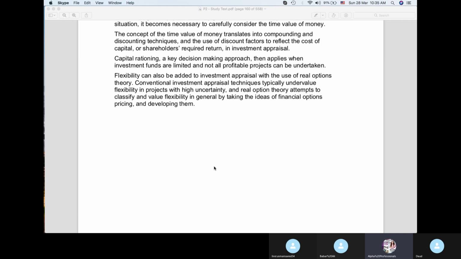So flexibility can also be added to investment appraisal with the use of real option theory. Real option theory tells certain things which are beyond the numbers, taking into account certain intangible or non-financial factors while taking an investment decision.